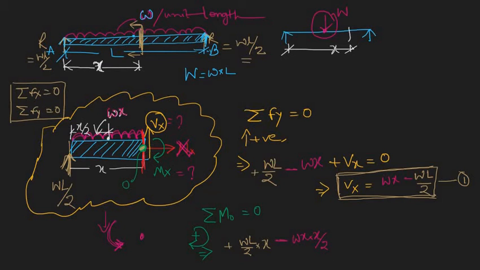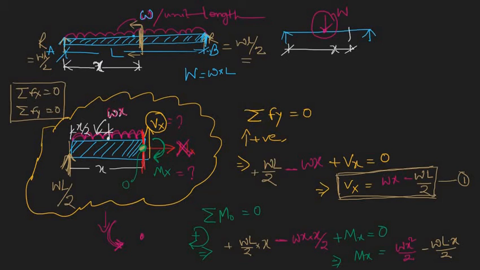And we have taken Mx as positive. This is our assumption, we may be wrong. So plus Mx equals 0, and now we get Mx as simply Wx square by 2 minus WL times x by 2. Okay, got it.